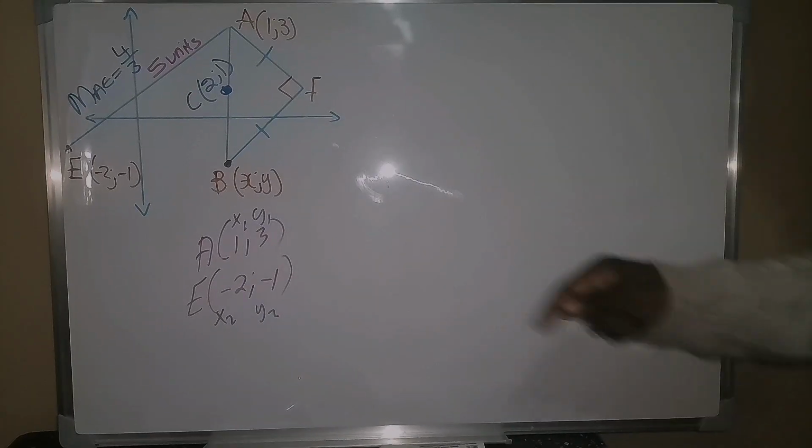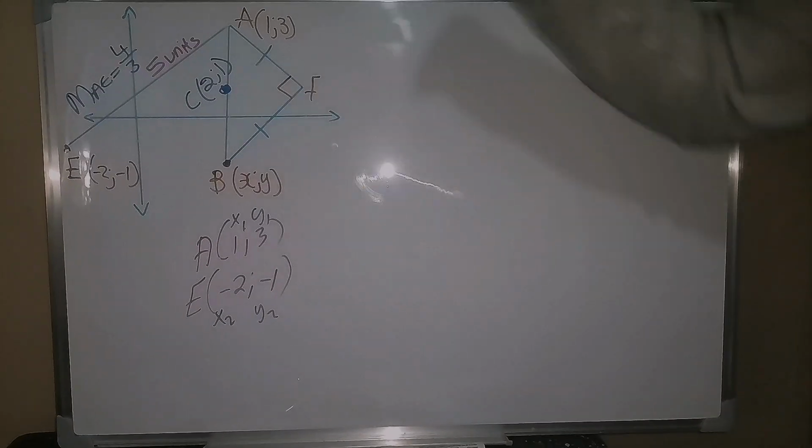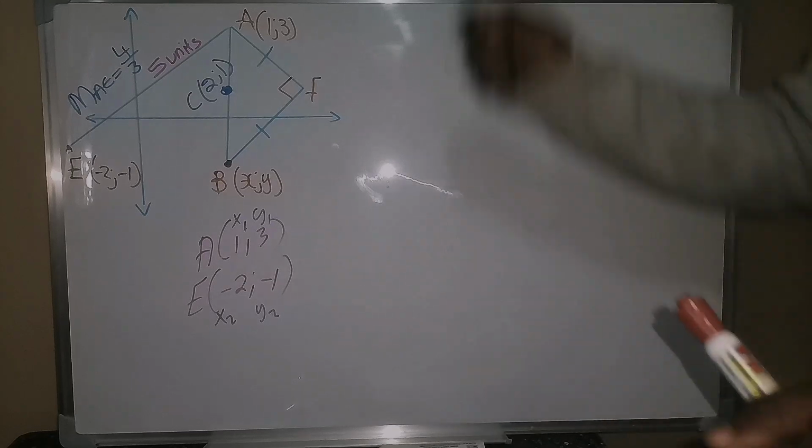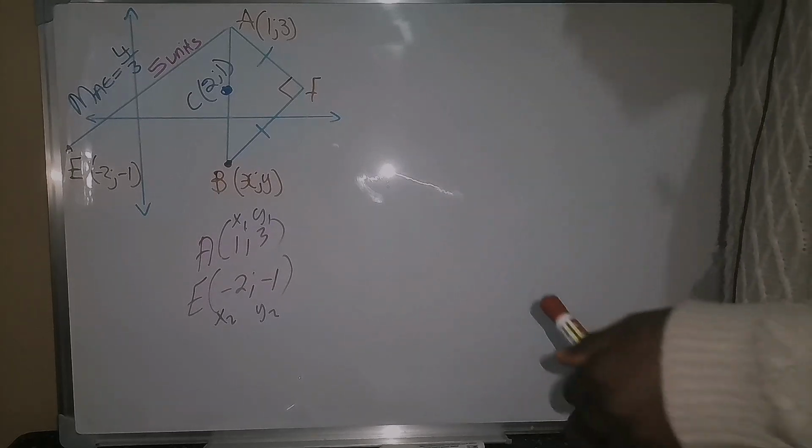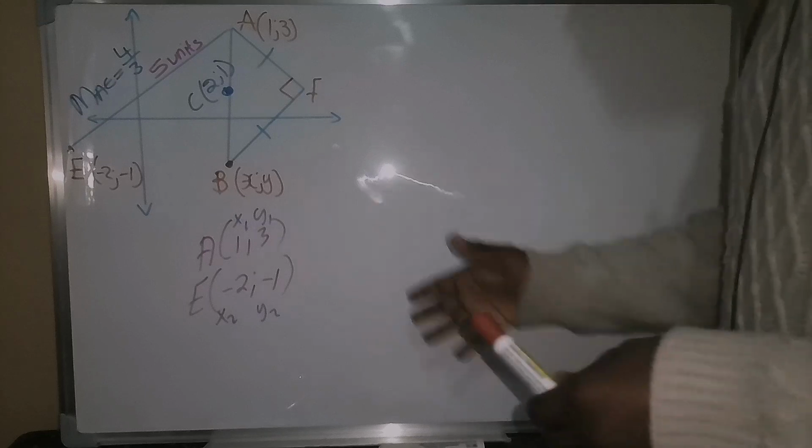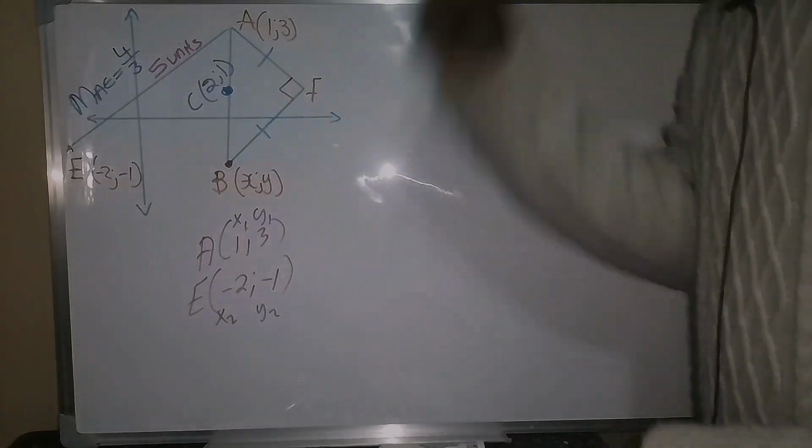Don't stress. To find B, we need to use the midpoint formula. Why? Because they told us that C is the midpoint of line AB and we need to find the coordinates of B. Therefore, we use the very same formula for midpoint, where we already have the coordinates of the midpoint.